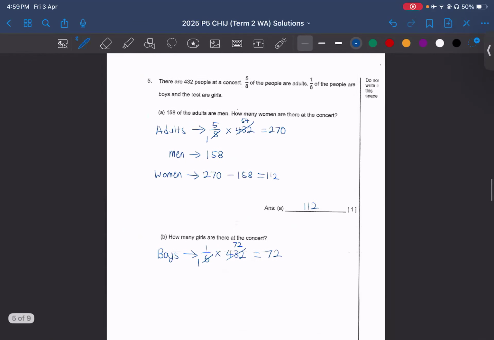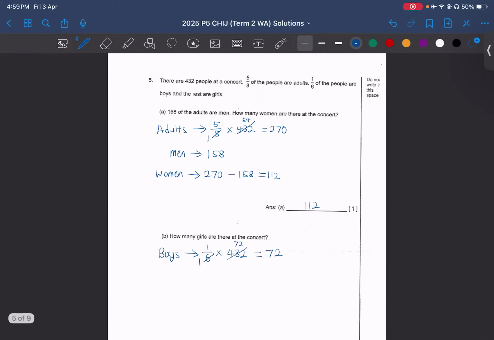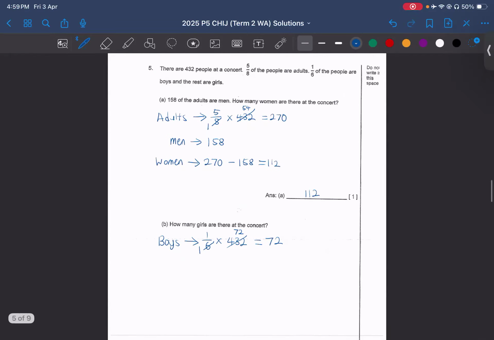So in this case, we know the number of adults, we know the number of boys, and the question states that the rest are girls. So to find the number of boys plus adults first, we take the adults, which is 270, plus 72.